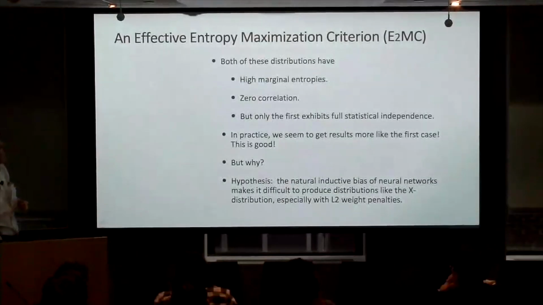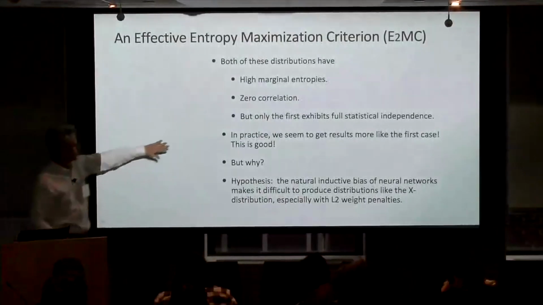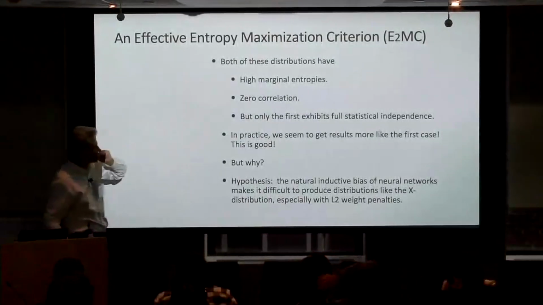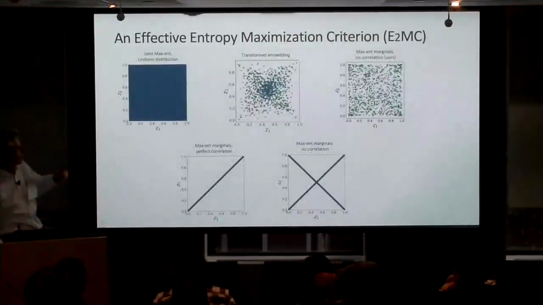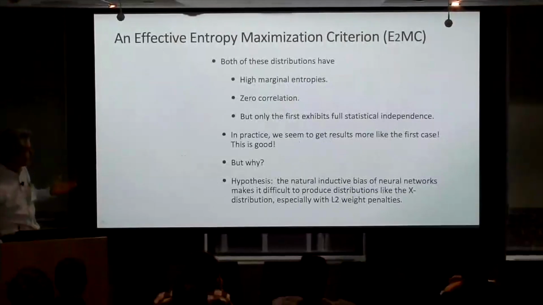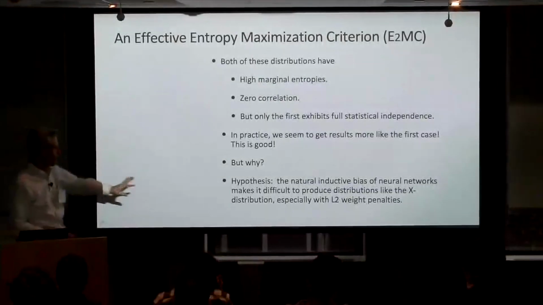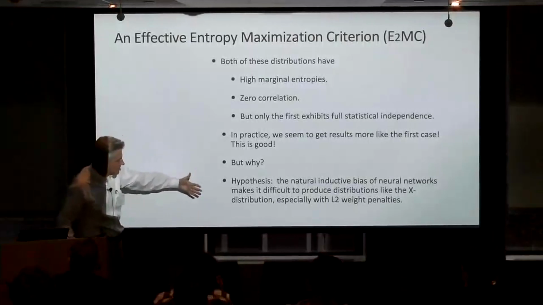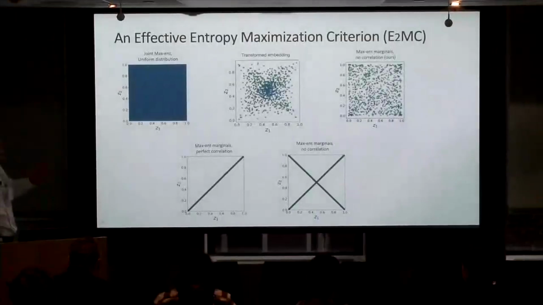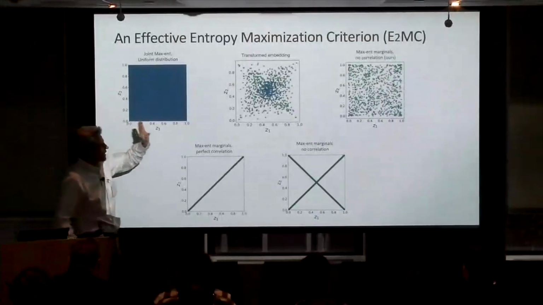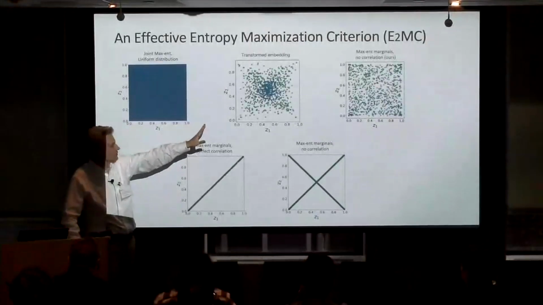In practice, we seem to get results more like the first case, the one on the upper right. And that's good, but why do we get that? Our hypothesis is that the natural inductive bias of the neural nets makes it difficult to produce distributions like the X distribution. If you have a nice smooth map, it can produce a uniform distribution.